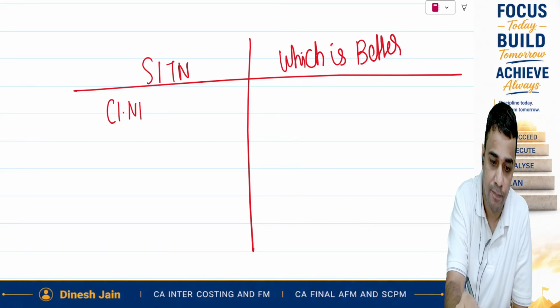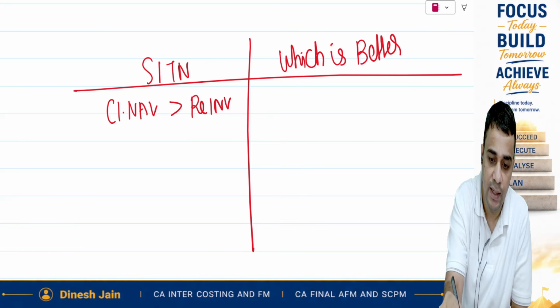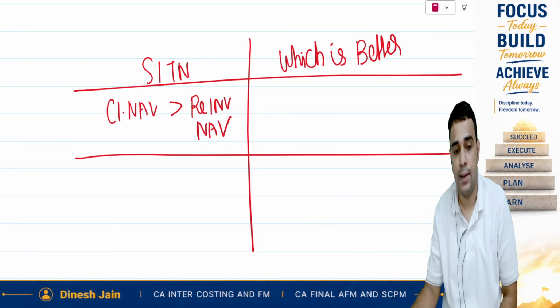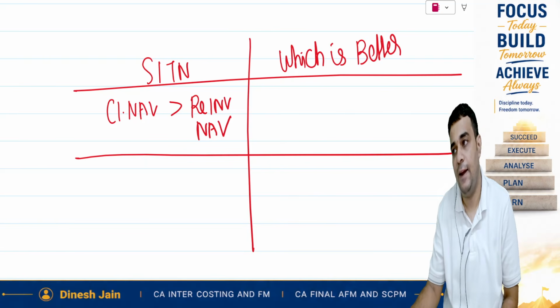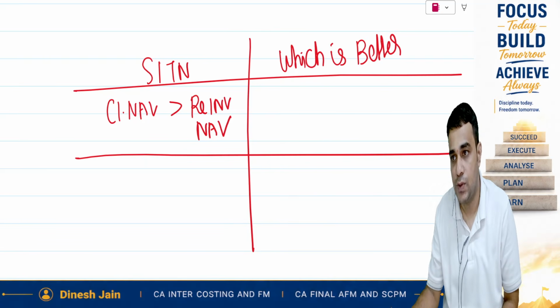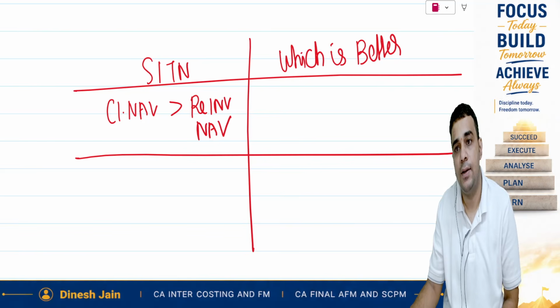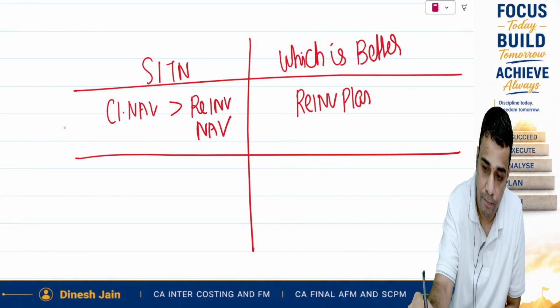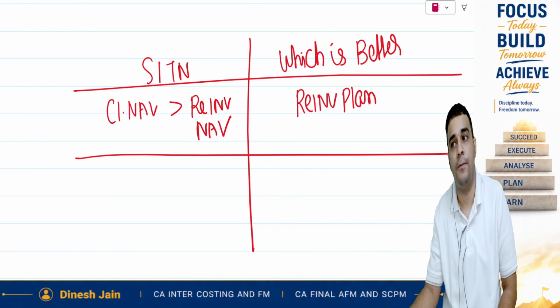Closing NAV greater than reinvestment NAV. If this happens, the closing is higher. Which is better? Tell me. Reinvestment plan.